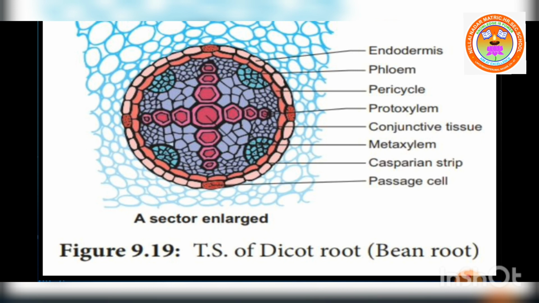The tissue between xylem and phloem is called conjunctive tissue. In dicot root, conjunctive tissue is made up of parenchyma. Pith. Young root contains pith, whereas in old root, pith is absent.